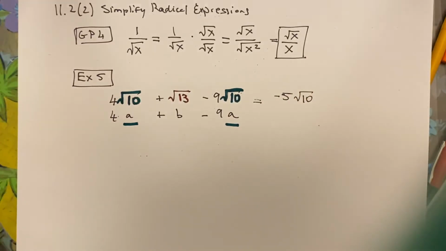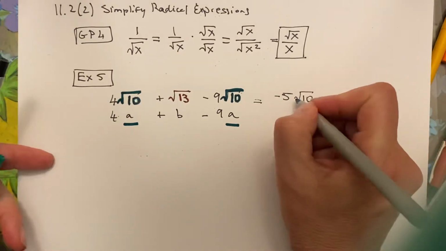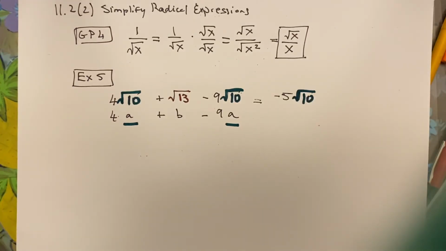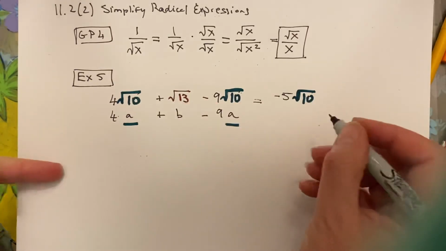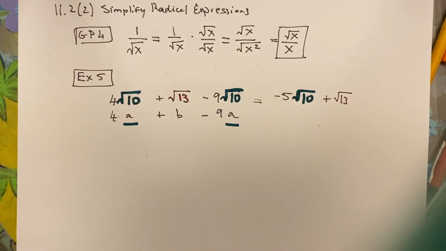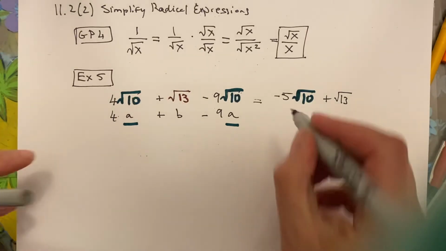Because I've combined those like terms with the square root of 10. I'm just going to keep that green there to remind myself why I was allowed to do that. But the square root of 13 does not have a like term. So it's going to be plus the square root of 13. And that's my answer. I can't simplify that any further.